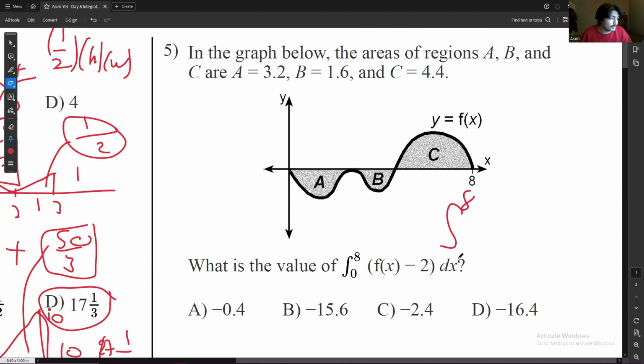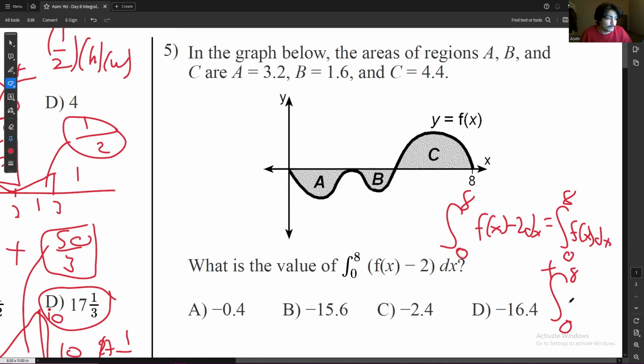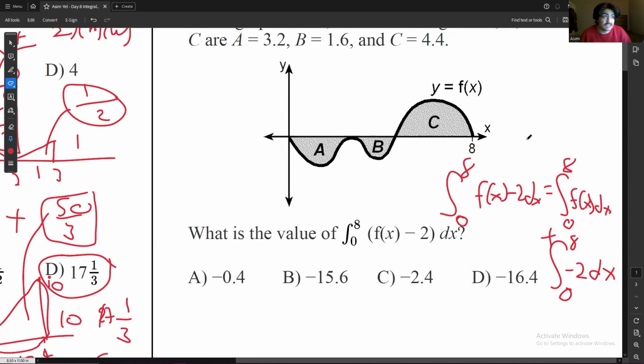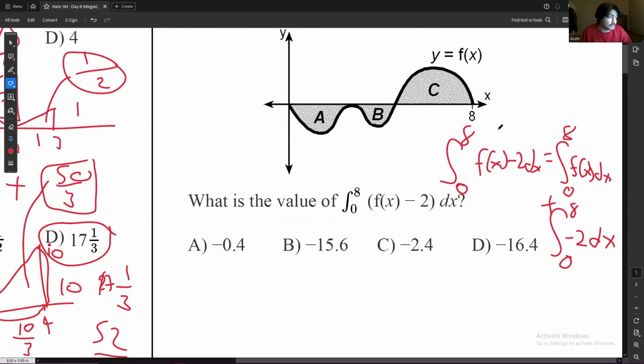The integral from 0 to 8 of f(x) minus 2 dx is equal to the integral from 0 to 8 of f(x) dx plus the integral over the same interval of -2 dx.